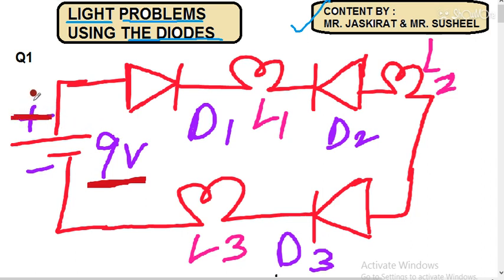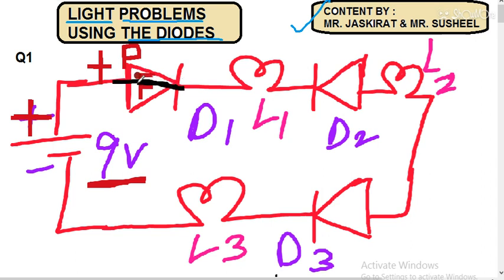When this positive voltage goes to this diode, the P side of the diode is connected to positive voltage. That means this diode will get forward biased. I will write F here. So D1 is forward biased.